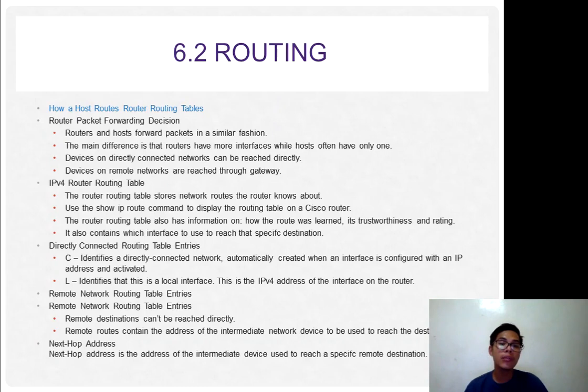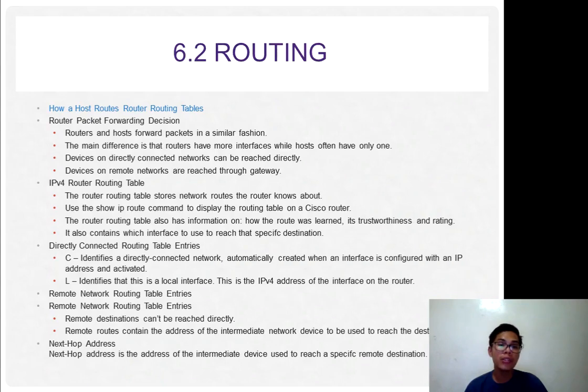Devices on remote networks are reached through a gateway. The IPv4 router routing table holds the network routes the router knows about. Use the show ip route command to display the routing table on a Cisco router. It also has information on how the route was learned, its trustworthiness and rating, and which interface to use to reach the specific destination.